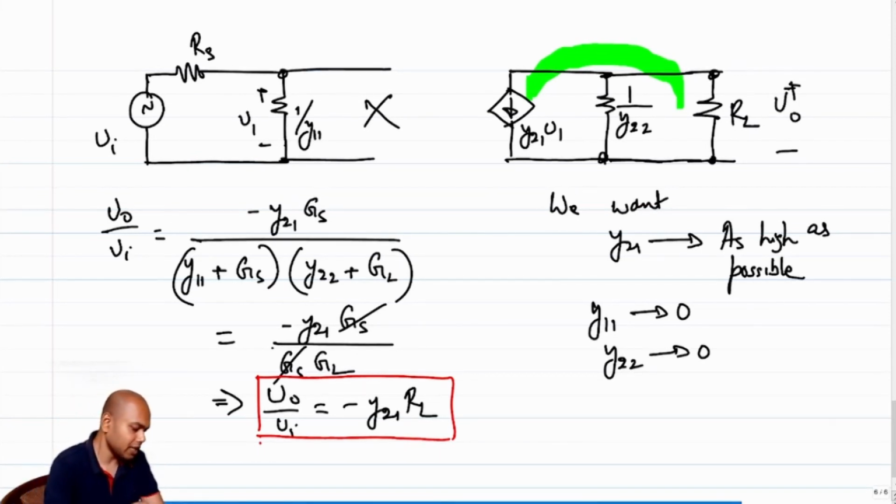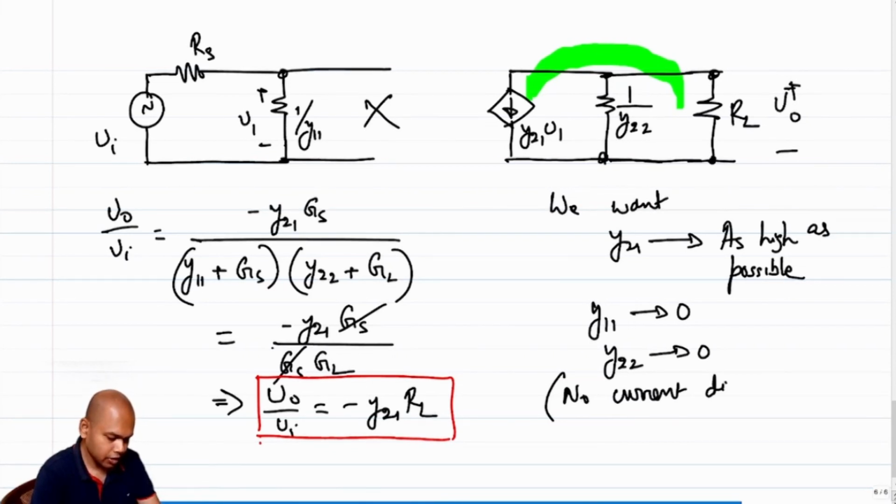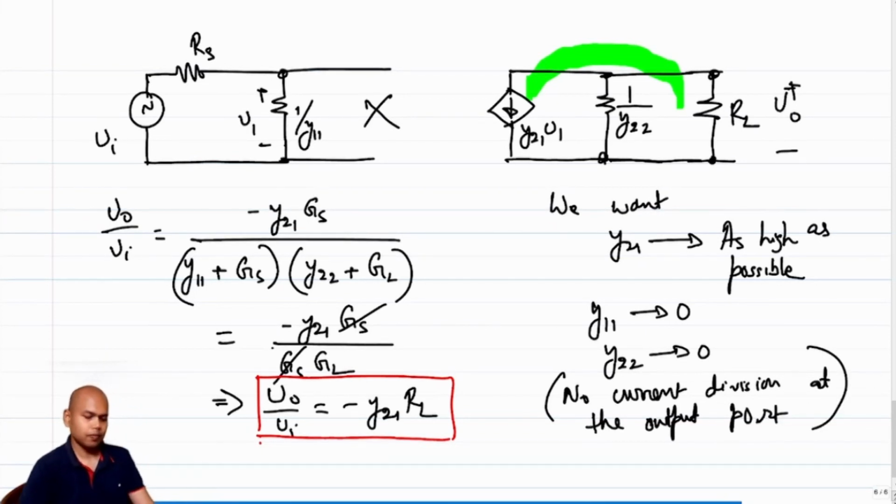So what is the physical significance of Y22 tending to 0? The physical significance of this is no current division at the output port, right?